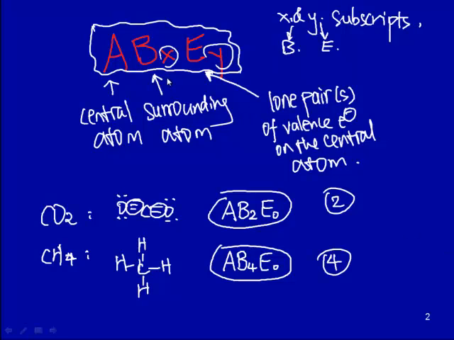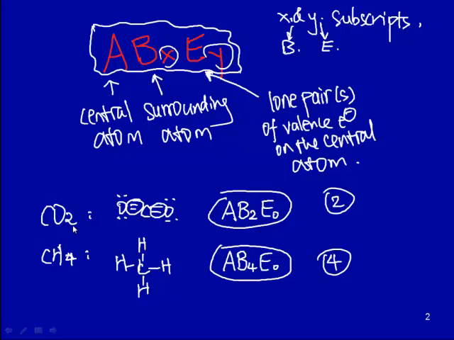You can take in a formula of any molecular compound or polyatomic ion and write the proper Lewis structure and get this ABxEy notation. A represents the central atom, B is the surrounding atom, and the E will be the lone pairs on the central atom.